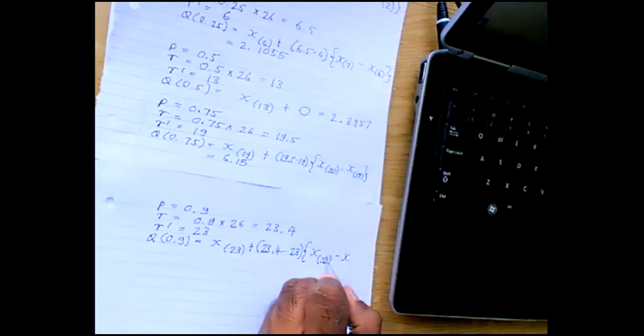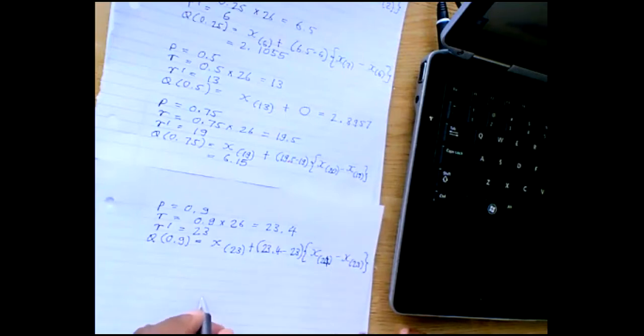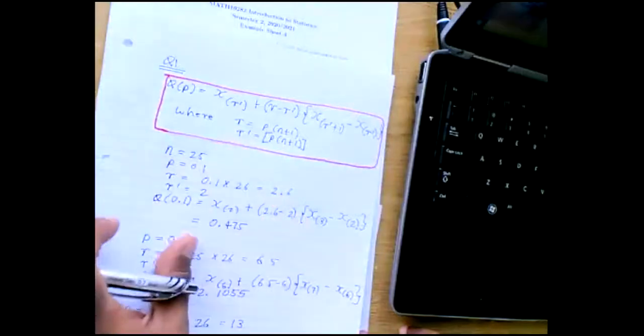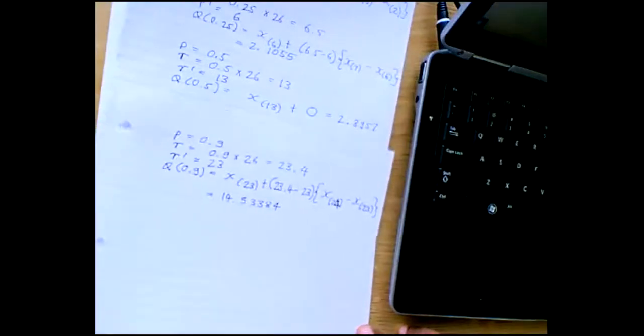Sorry, this should be 24, guys. x24 minus x23. Okay. Now, if you work this out, this will be 14.53384. All right. So it's just a matter of using the formula, which is this one. I talked about this formula in week two of the classes, right?